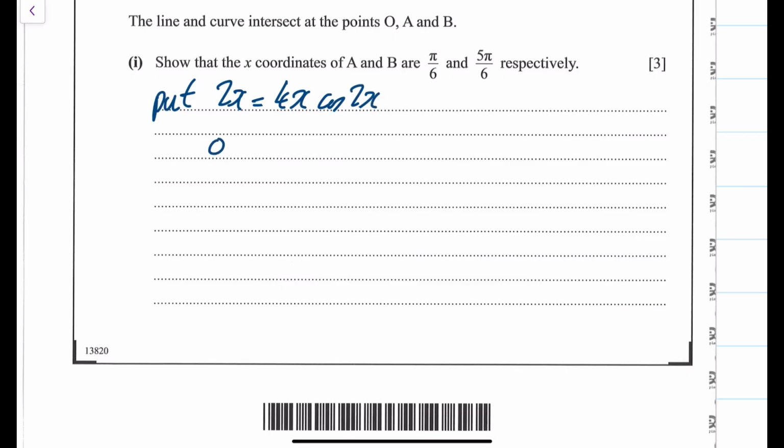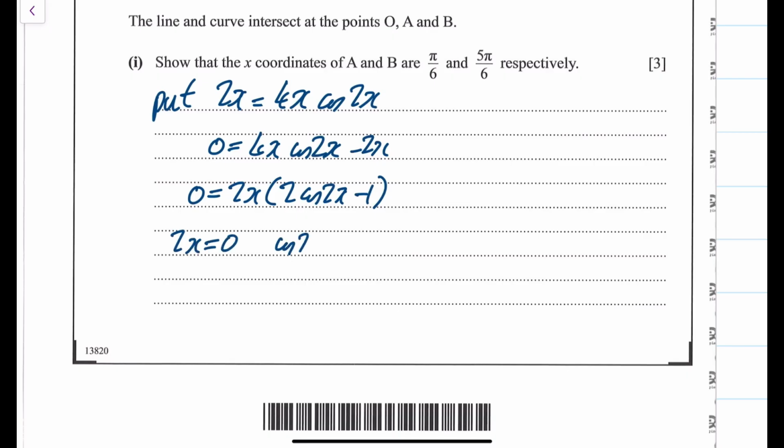Bring it all to one side. You're going to have 4x cos of 2x minus 2x. And then I could factorize out a 2x, leaving me 2x times (2 cos 2x minus 1).